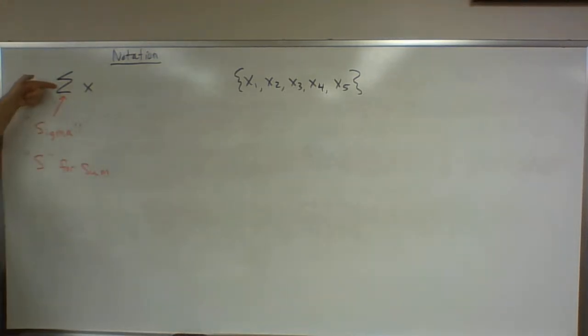This symbol here is the capital letter sigma in the Greek alphabet. The first letter of sigma, when we spell it, is an S, and S stands for sum. So when we see sigma followed by an X, it represents the sum of the X values.